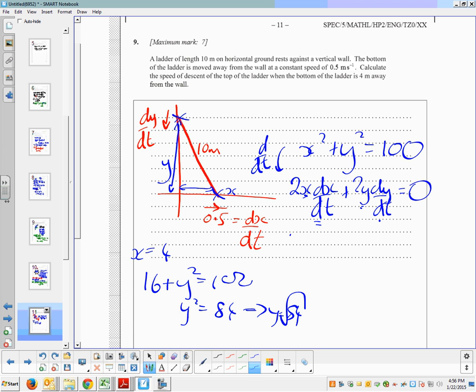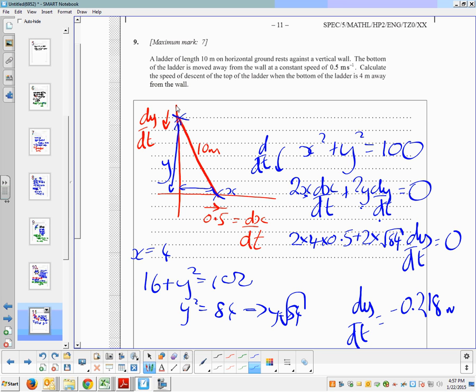So that is 2 root 84 times 0.5 plus, nope, that's the wrong way around. Let's do this again, and this is why I need a break. 2 times 4 times 0.5 plus 2 times root 84 dy by dt equals 0. And so a bit of rearranging gives us that dy by dt is equal to minus 0.218 meters per second.